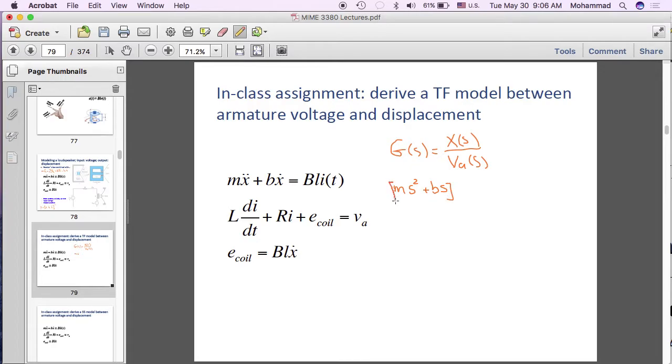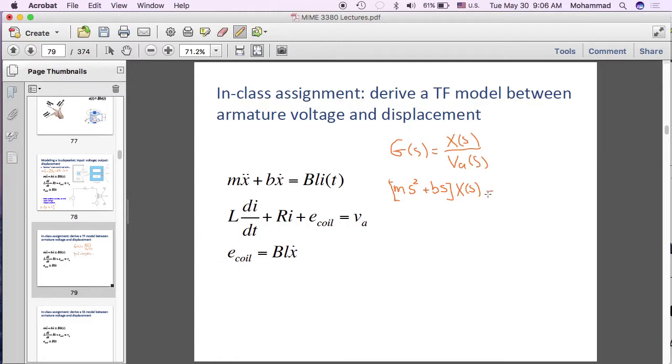This whole side gets multiplied by X of s. So there's an X of s that comes from each of these two. I'm just combining them so it's quicker to see that X of s is involved in both of them.